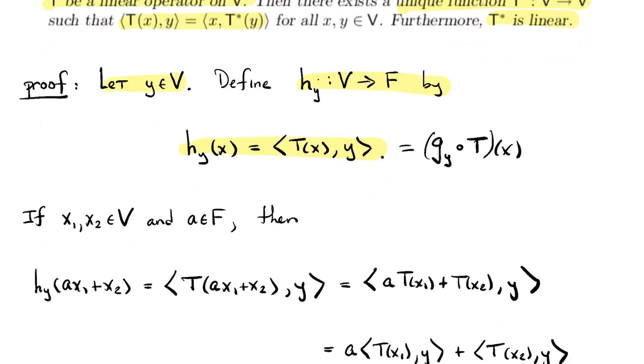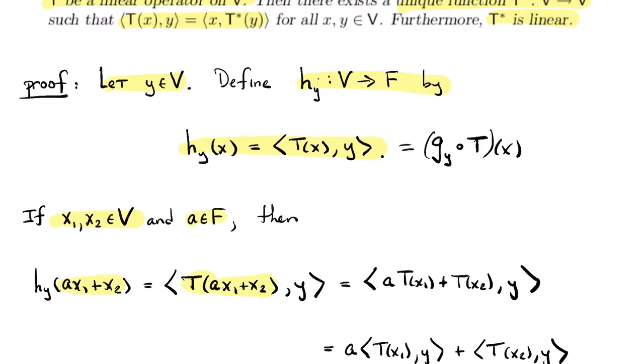If you want to see a computational direct proof of that, we can go through the motions here. If you take two vectors in V and a scalar and just apply h sub y to A times x1 plus x2, by the definition of h sub y, you plug that A times x1 plus x2 into T and inner product that with y.